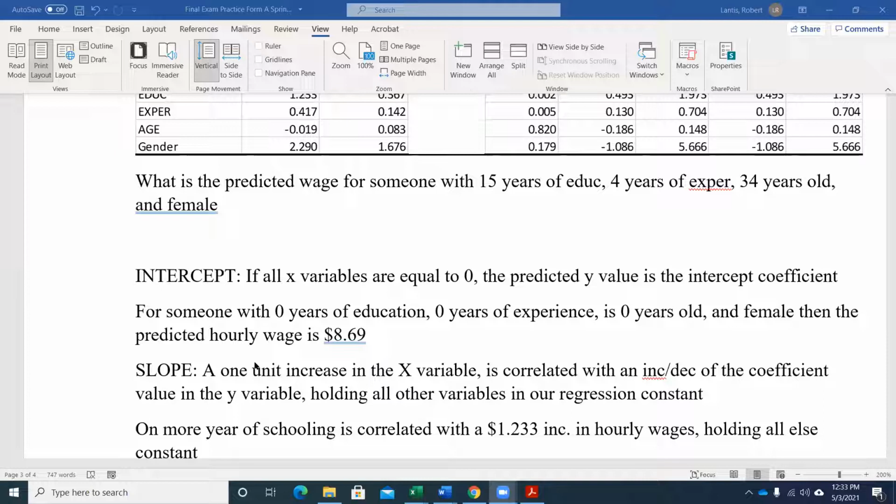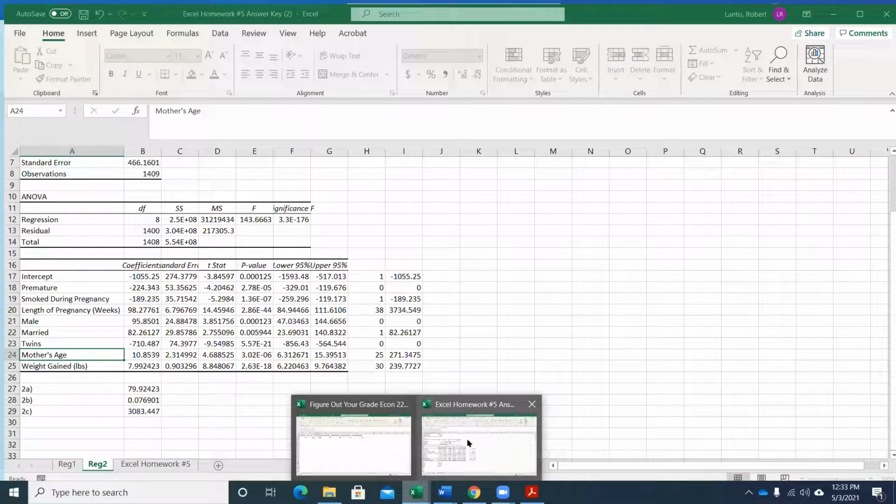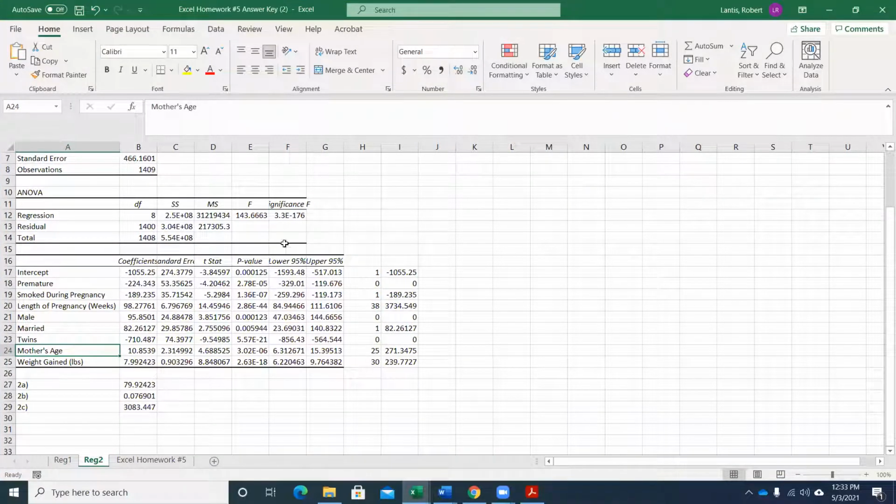Even last Monday, and if you're in section 9, last Tuesday, we went through some Excel examples with different data sets and all the questions we worked through on those. Maybe go back and watch that video, or at least the portions where we were doing the linear regression examples. That would be really beneficial. Using this 5th Excel assignment for some additional practice with linear regression would be really beneficial as well.